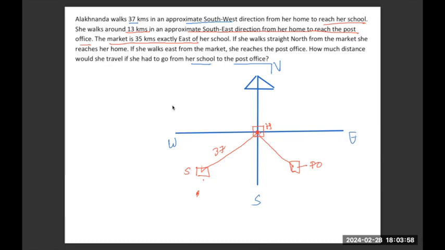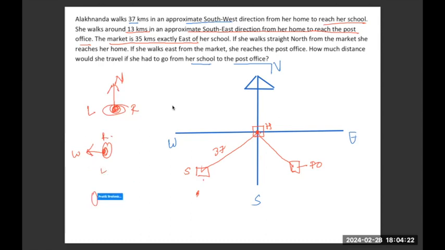So, for example, if a person is facing north and standing here, for that person this will be the left and this will be the right. If a person is facing west, the left will be here, the right will be here.